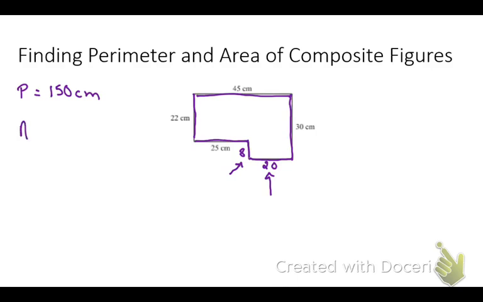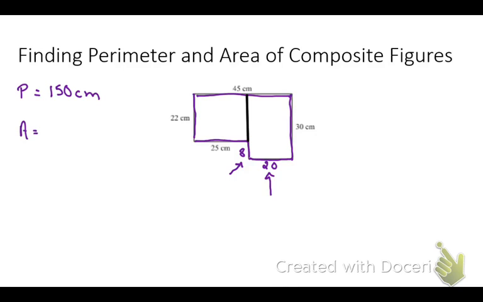Now area. Okay, now area, let's go ahead and split the figure. I would definitely split it vertically, okay? All right, so I need to calculate length times width on both figures. Make sure you use the length and width of the actual figure.